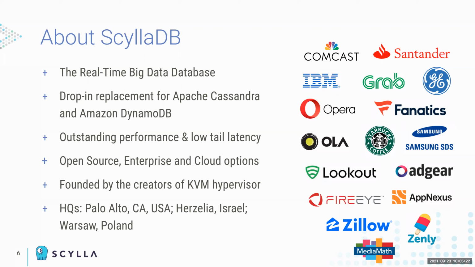The ScyllaDB database is available as open source software, but we also offer enterprise support with additional features such as advanced encryption methods and enterprise support. And we also offer cloud, Scylla Cloud, which allows you to manage your database without much worry and without spending a lot of time managing it.